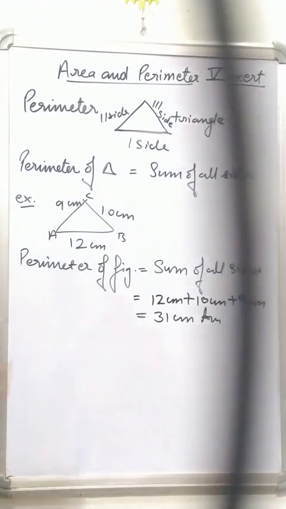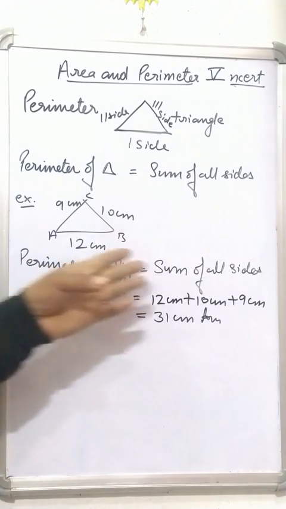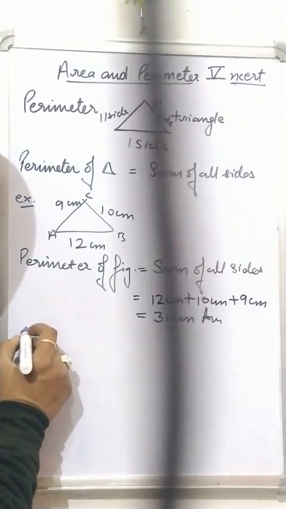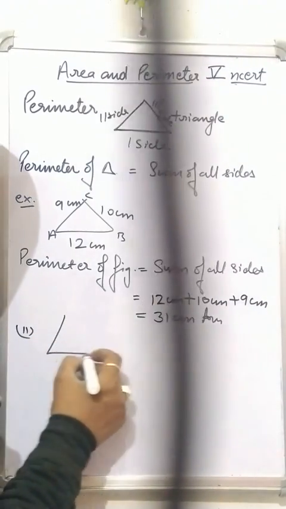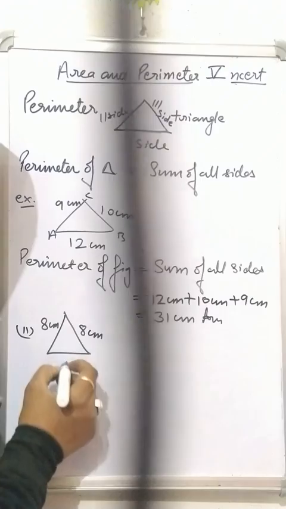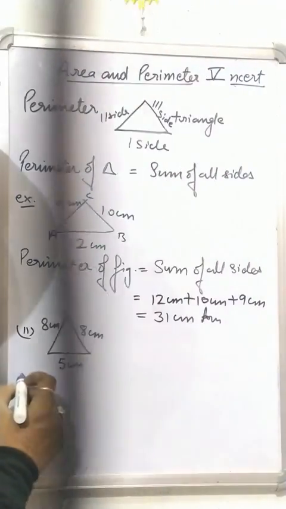To find the perimeter of a triangle, we should add all the sides, or we can say that the perimeter of a triangle is the sum of all sides. Now, in this figure, the sides are 8 centimeter, 8 centimeter and 5 centimeter. Now, solution.